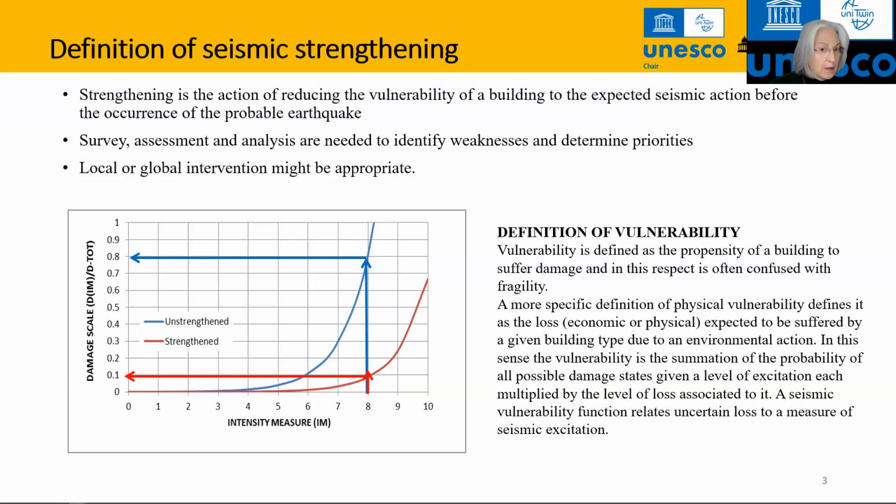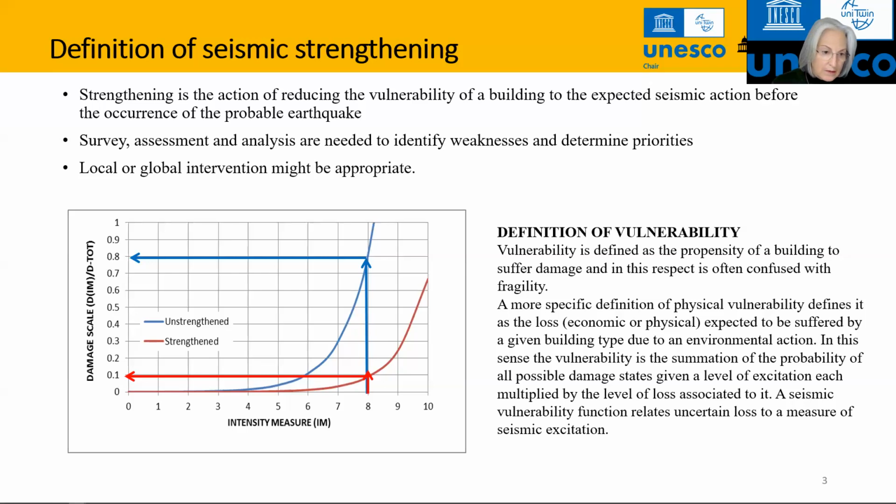Survey, assessment, and analysis are needed to identify the weaknesses and determine the priority for strengthening. And either local or global intervention might be appropriate. And we will see this through the application of the ASCE 41-17.